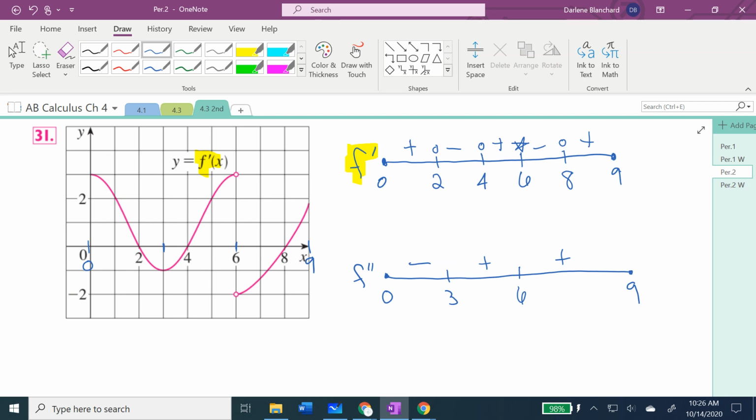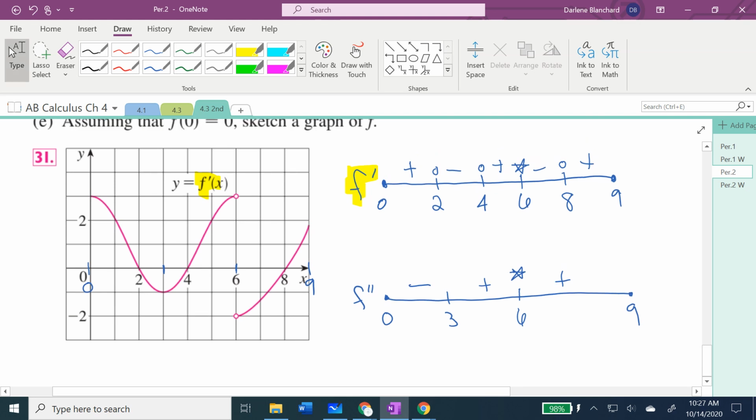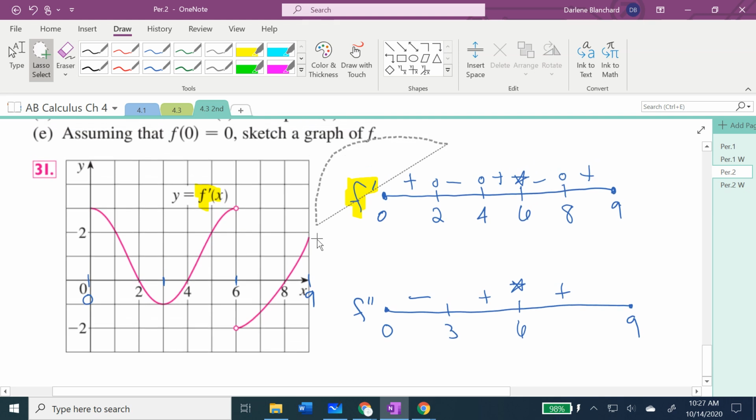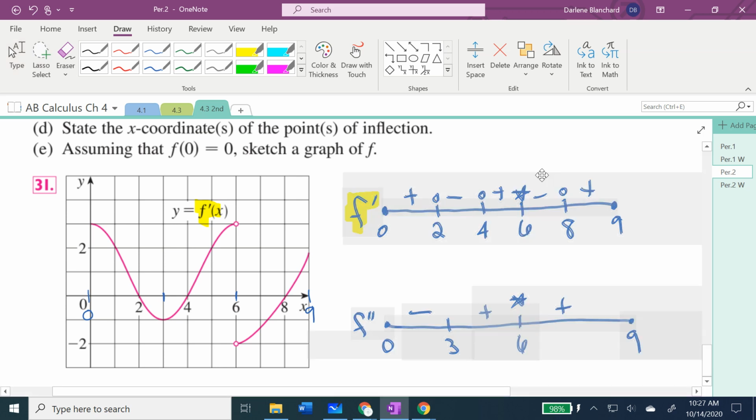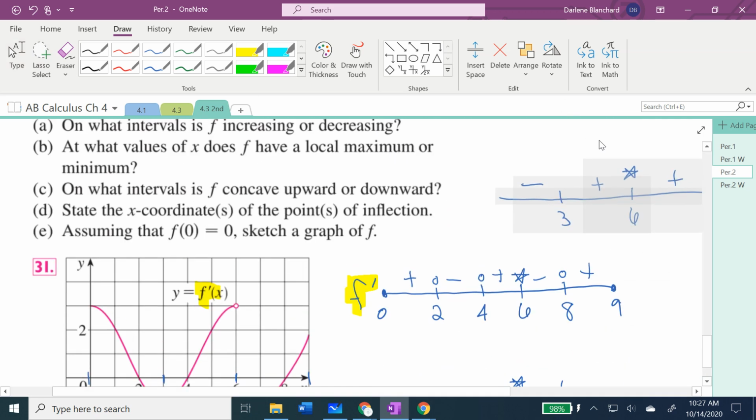So now, here's what I recommend you do. Cover up when you're taking a test, do not look at the graph. You got this information. I'm going to lasso, and I'm going to move all of this out of the way.